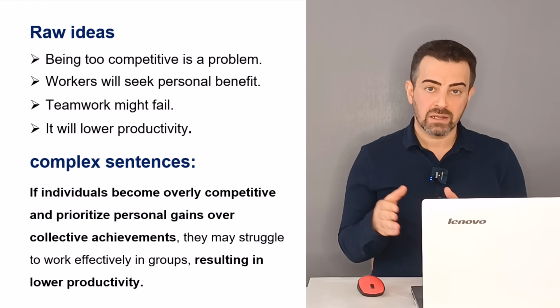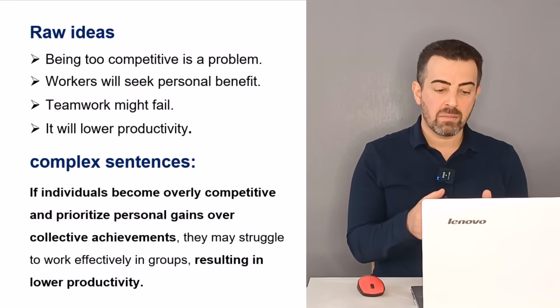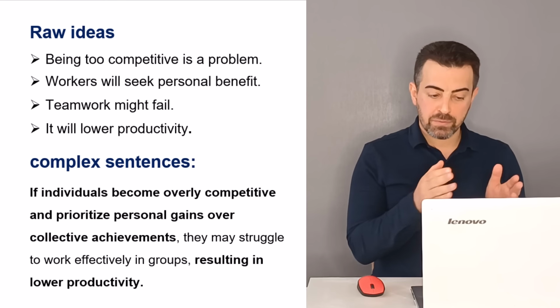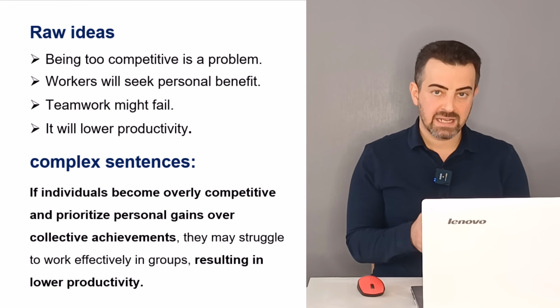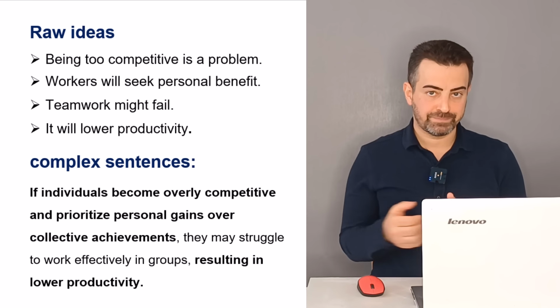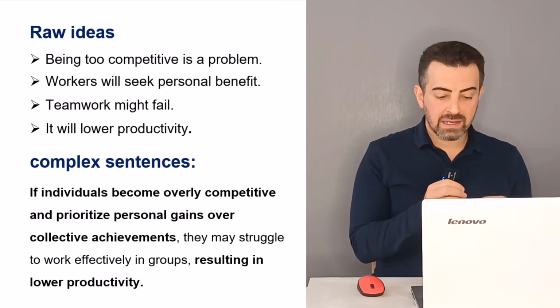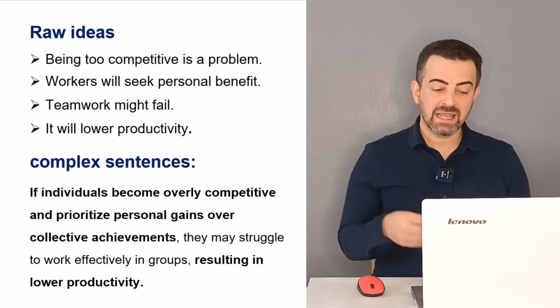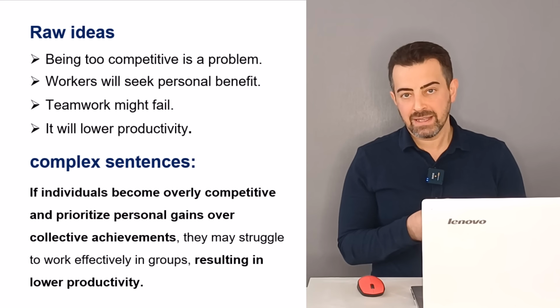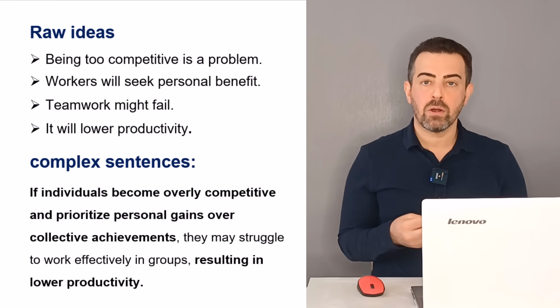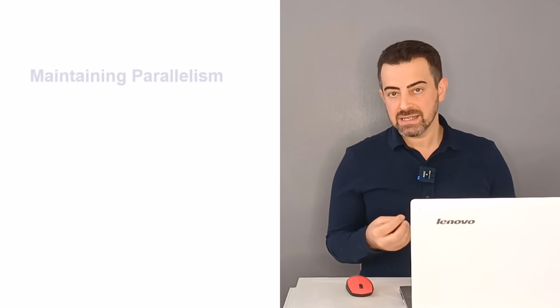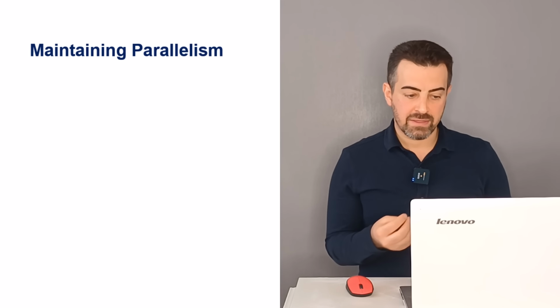It has a parallel structure in it, like become overly competitive, prioritize personal gains. It maintains the same structure. The last one in bold again, resulting in lower productivity, is an adverbial phrase, which is more specifically called a participle phrase. Now imagine I want to start a sentence slightly differently, like this.